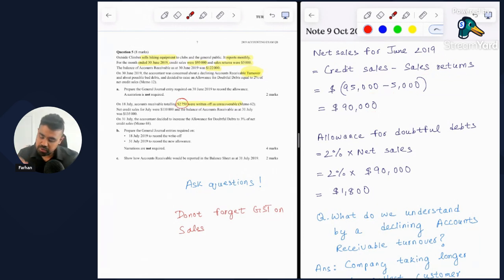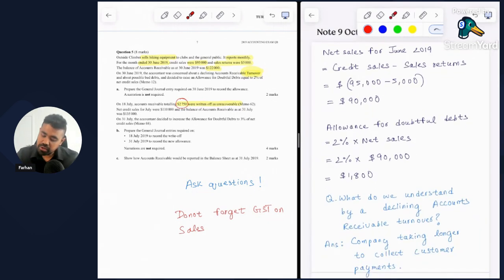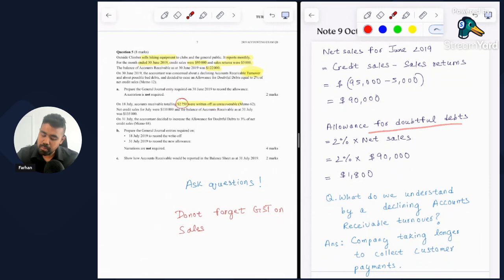Based on the requirement of the question, we are setting a 2% allowance on this net sales. So we calculate the allowance for doubtful debts by multiplying 2% by the net sales amount of $90,000, and you get $1,800 as the allowance for doubtful debts.